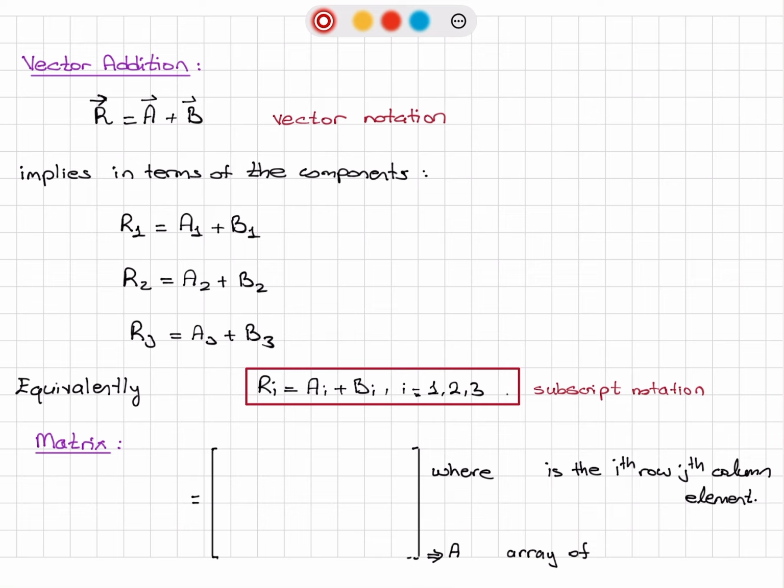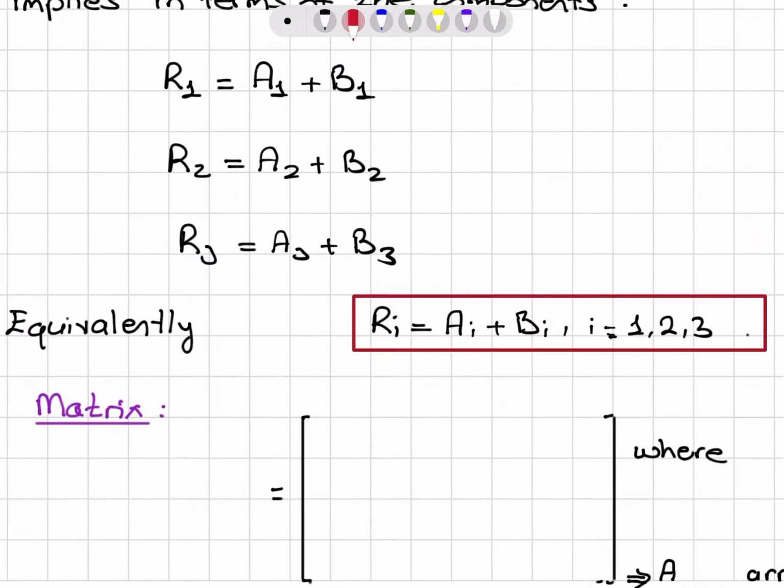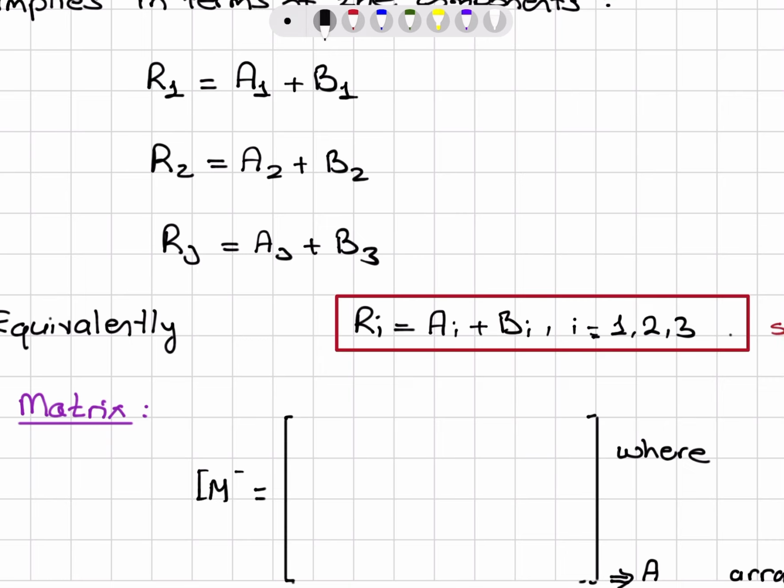Now if I have a matrix, let's say that I have this matrix M, and remember I use square brackets to show the matrices. It has elements M11, first row, first column, M12, first row, second column, all the way up to M1C for the C-th column.